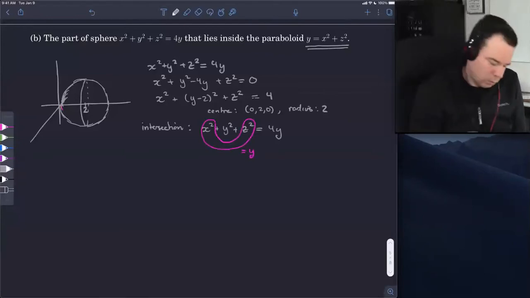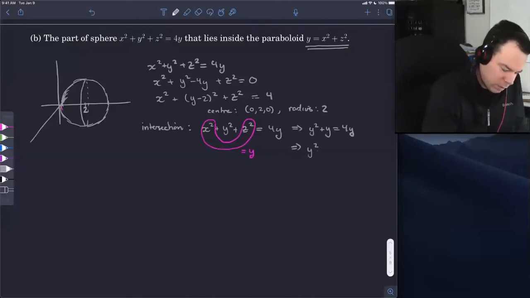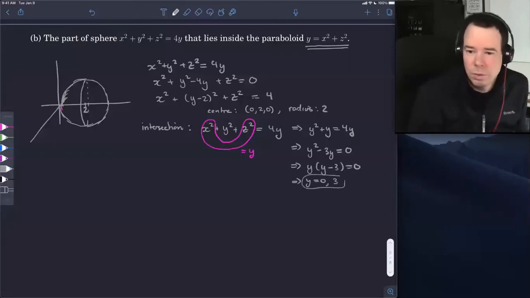So this becomes y squared plus y is equal to 4y, or in other words, y squared minus 3y is equal to 0, which is y times (y minus 3) equal to 0, or in other words, y is equal to 0 or 3. So those are the two intersection places.